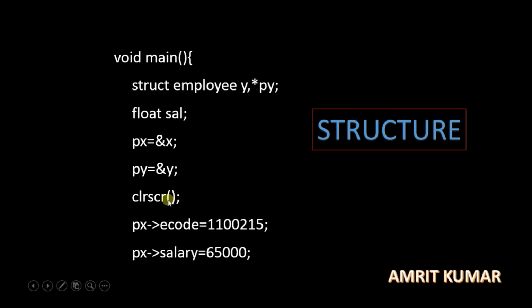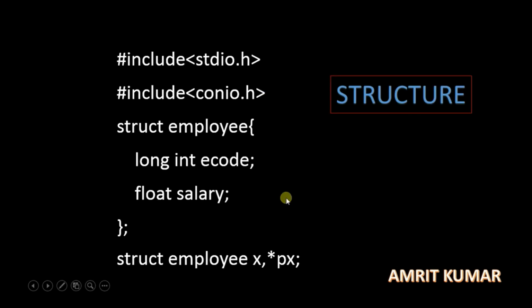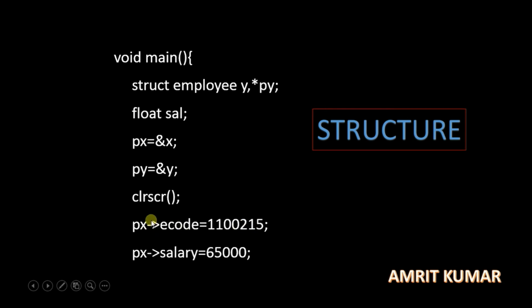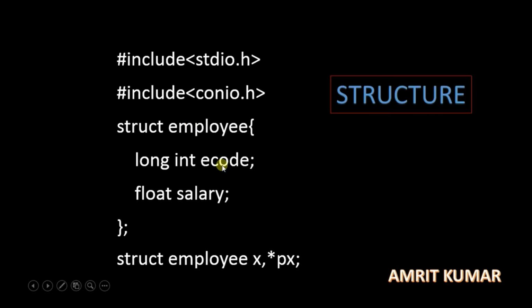Then after that I am using the CLR function, which helps to clear the screen. And I am assigning this number in px of e code, because px is a pointer, and py too, therefore we need the arrow to access the e code of the employee.